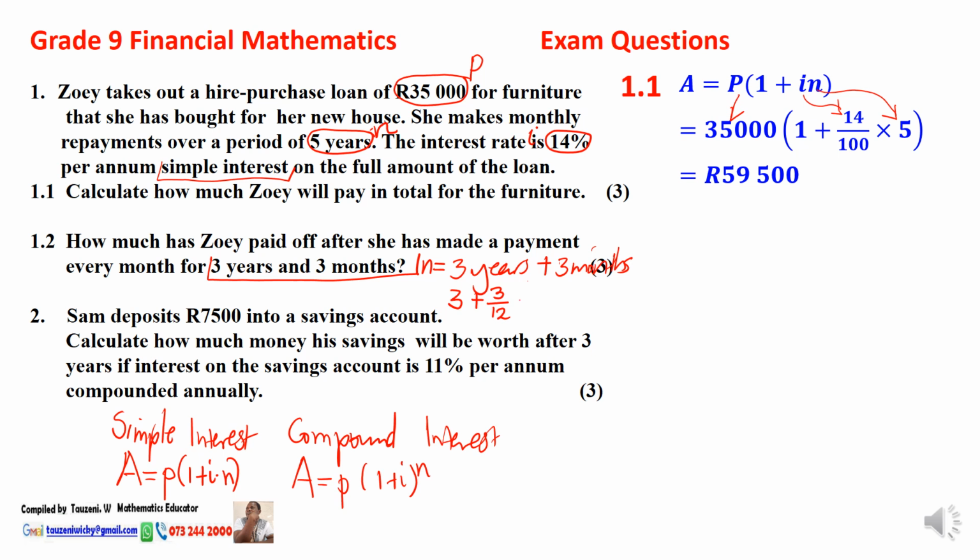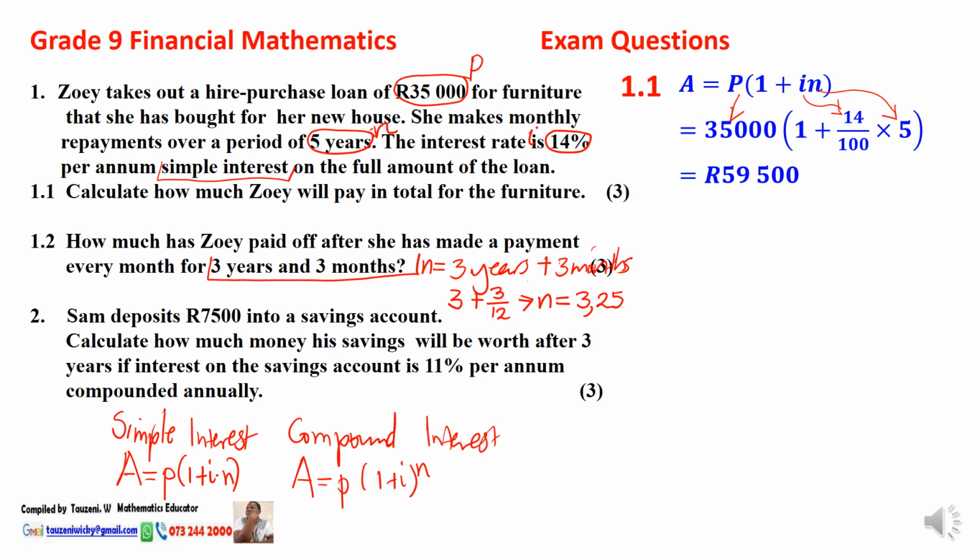Then you get your calculator and work this out. n is equal to 3 plus 3 over 12, which gives us 3,25. This is the value that you must put in place of n. So please remember, if you are given months, you change the months to years by dividing by 12.